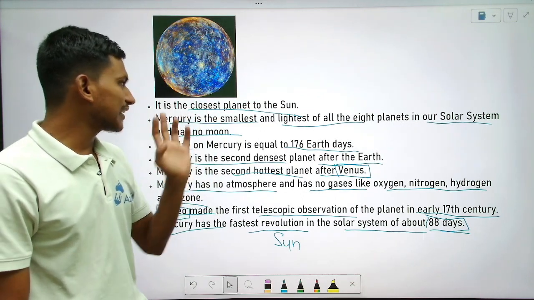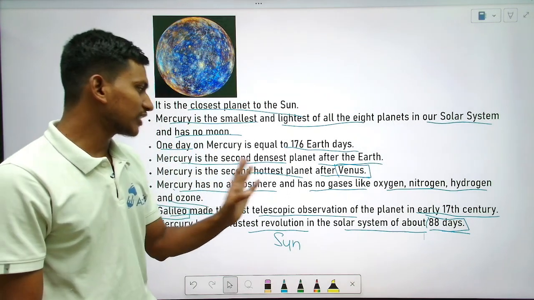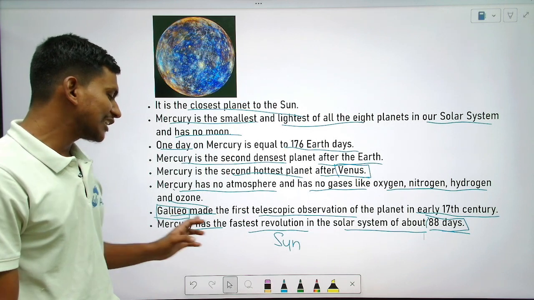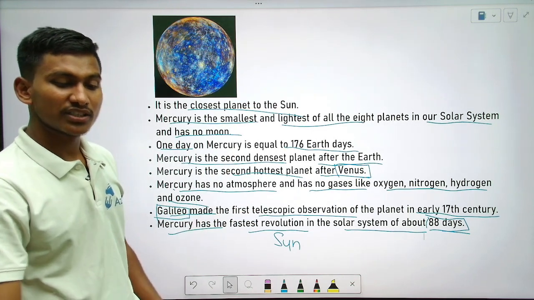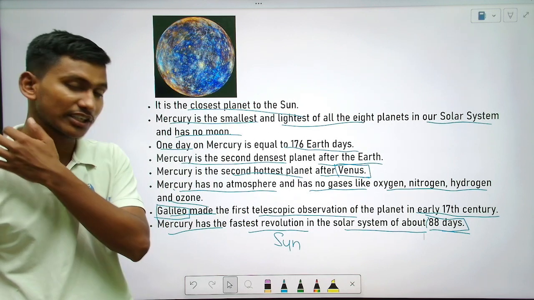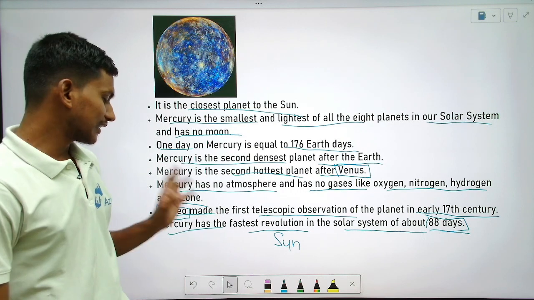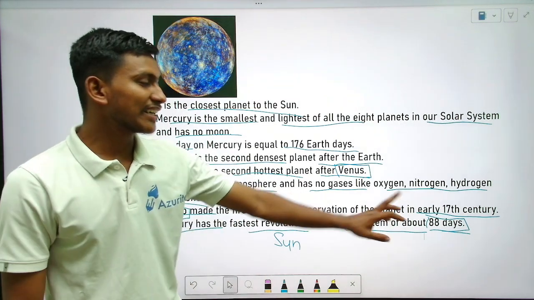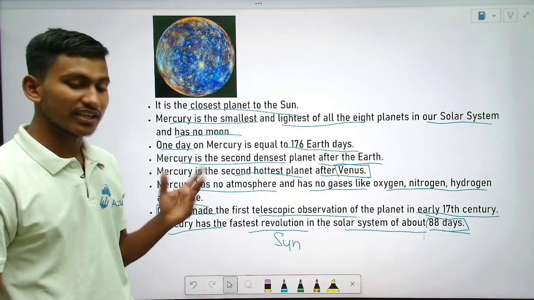This is the first planet from the sun, that is the closest, and second hottest planet, densest planet, right? Galileo, with the telescope, was the first person who observed Mercury and told everyone about it. And Mercury takes how many days? 88 days to revolve around the sun, that is the fastest revolution.